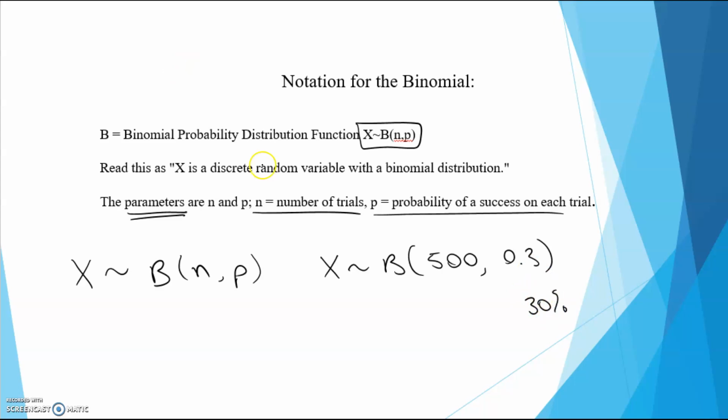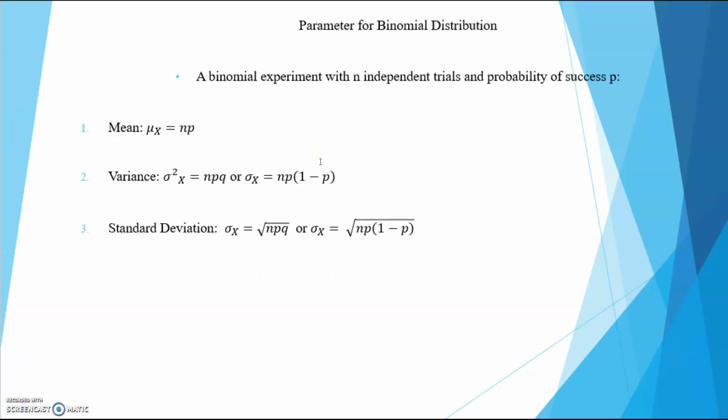Okay. Now I want to also point out that your binomial distribution is always a discrete random variable. Now this will be more important when we get to 5.1, but your binomial is always a discrete random variable. Now if you are in a binomial distribution, the formulas for your mean, your variance, and your standard deviation have changed.